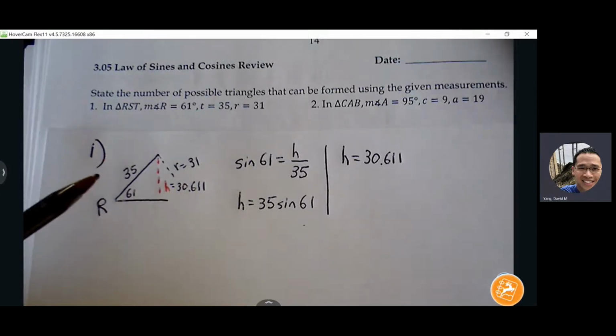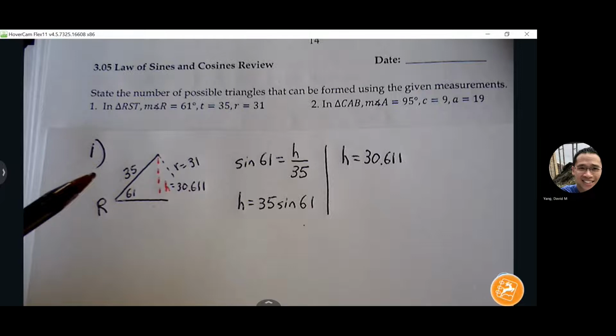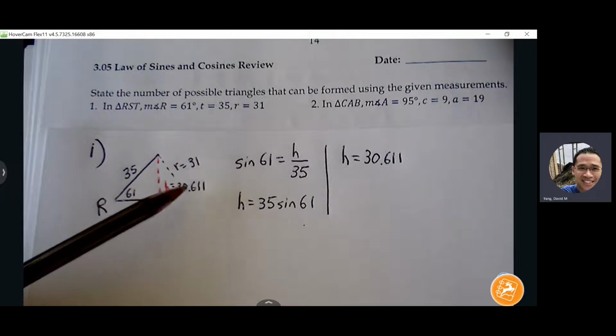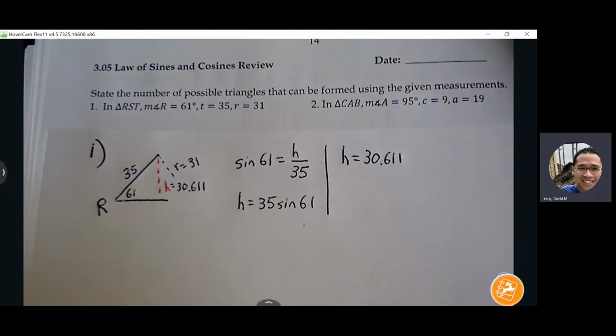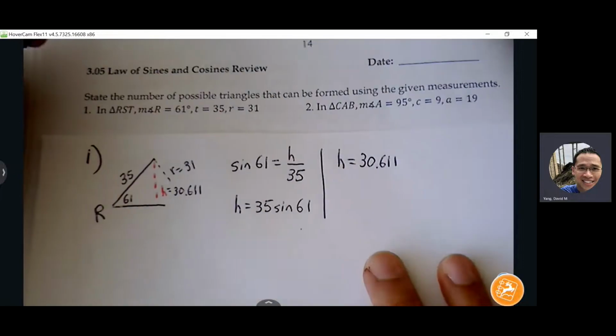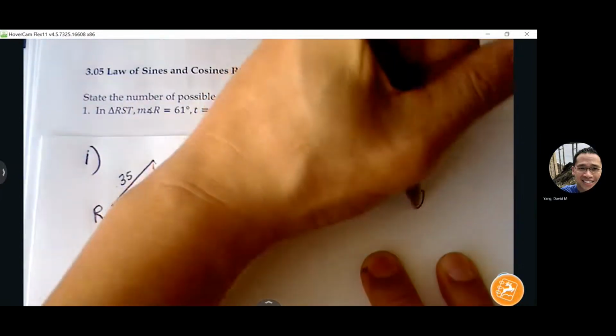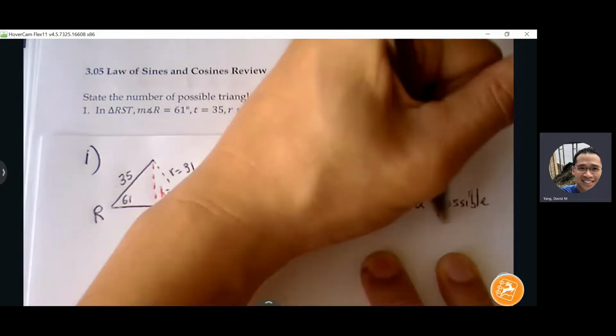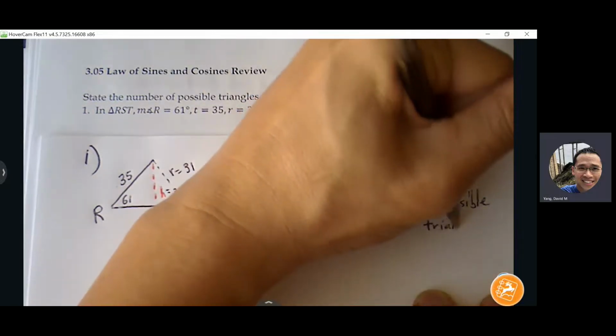So it's going to form two triangles. So it forms two triangles if your opposite side is between the altitude and the hypotenuse. So we have two possible triangles. This problem is not asking for you to find the two possible triangles. You're just naming that possibility.